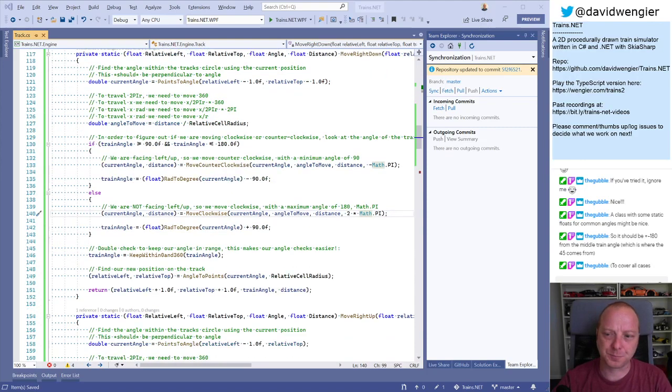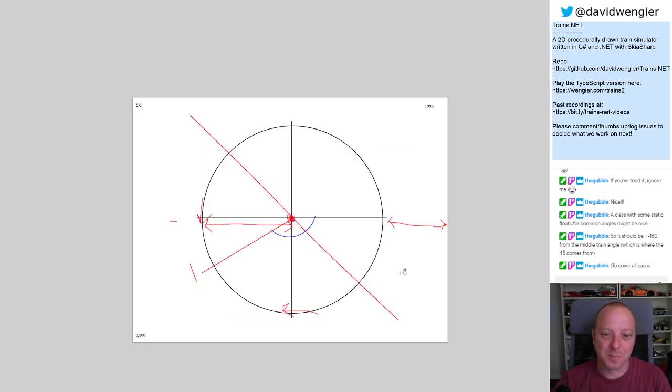I think that's right. Scott says, so it should be plus minus 180 from the middle train angle. Yeah, that's what I was doing originally. I get that, but it's really hard to reason about, so that's why I didn't do it. But yes, you're right, it should be.